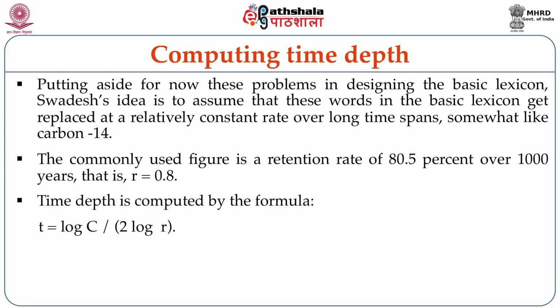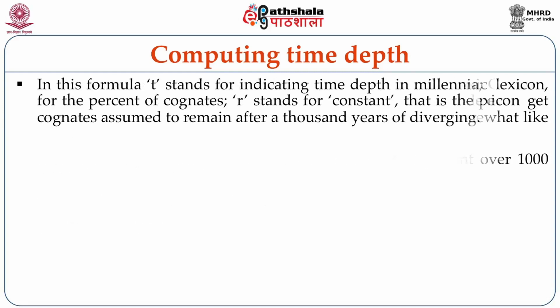Time depth is computed by the formula T equals log C by 2 log R. In this formula, T stands for time depth in millennia. C stands for the percentage of cognates.